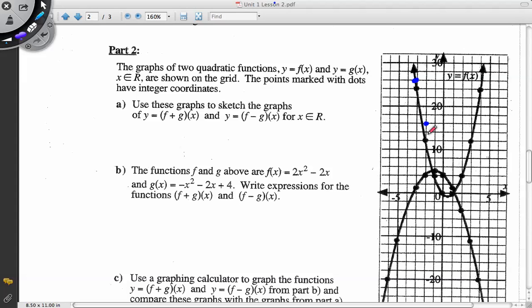Taking out a couple of points, the next 2 points are here, so when we add these it's 4 plus 5 is going to be 9. We'll end up here, and again 4 plus 0 will end up at 4. This is 0 plus 1, so we're going to end up at 1. A height of 4, and a height of negative 4, we end up at 0.